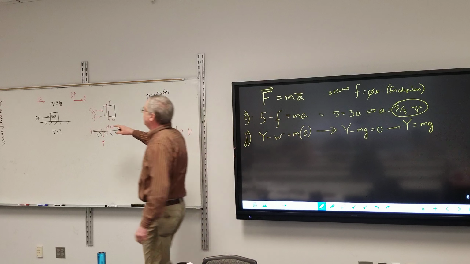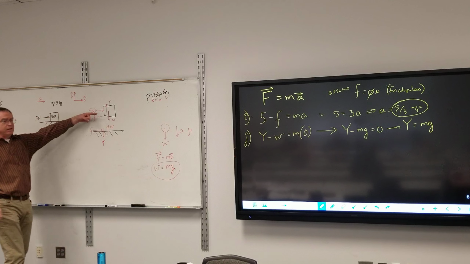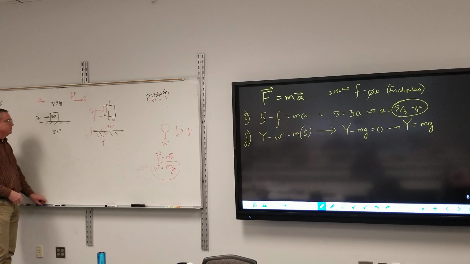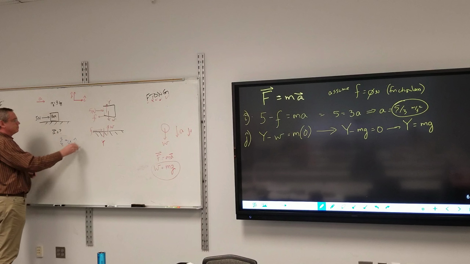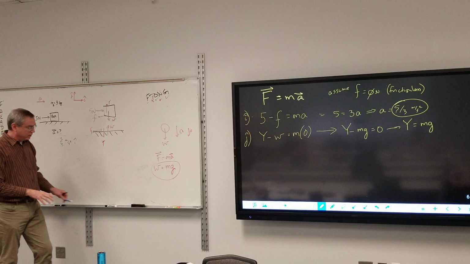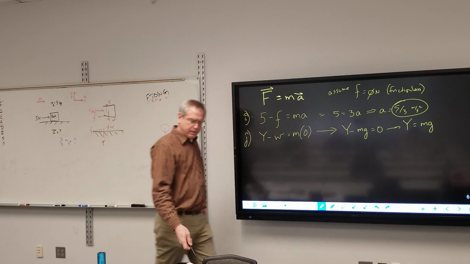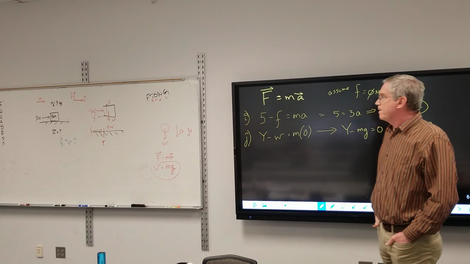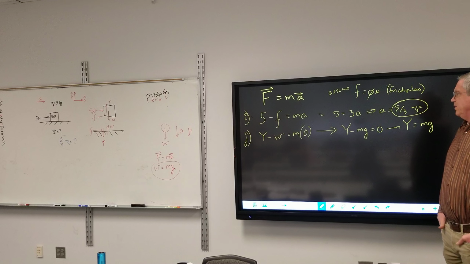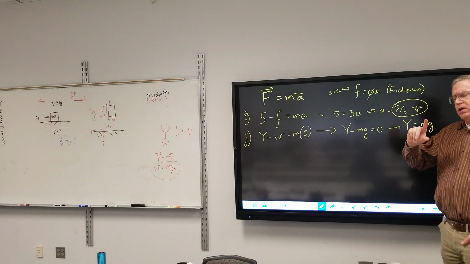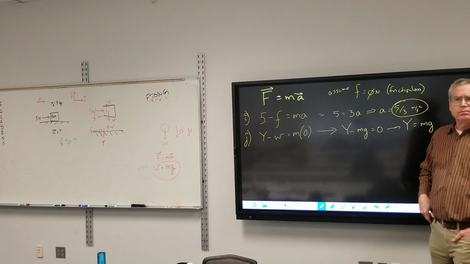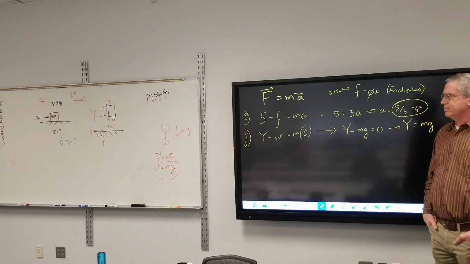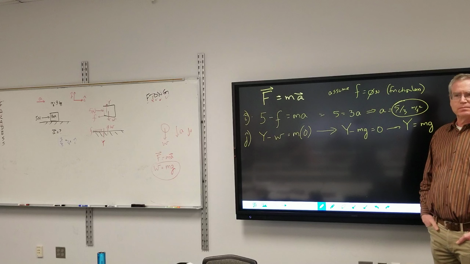Actually, the original problem over here, it's going to accelerate in that direction. That would be the final answer. And the second equation we didn't use, if friction became involved, then the second equation becomes crucial. But in this particular case, again, gotta start somewhere.